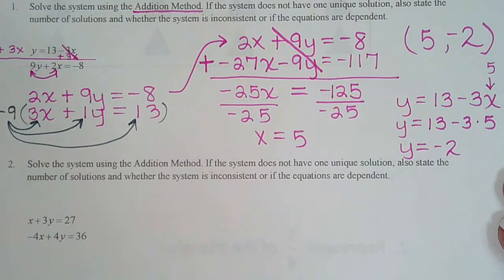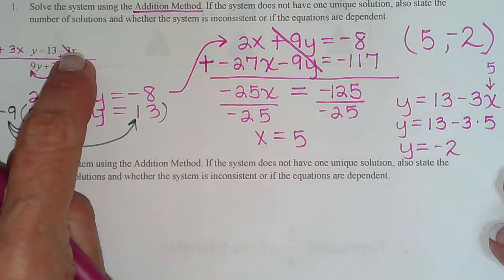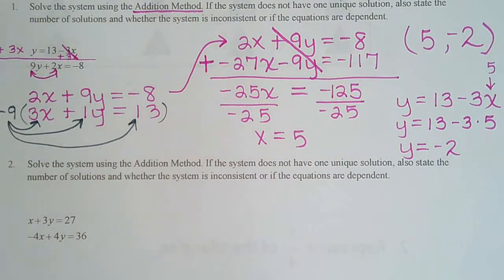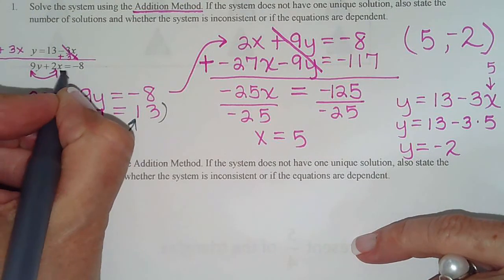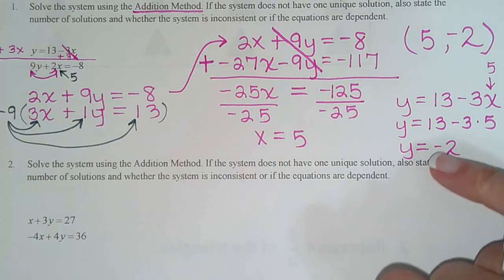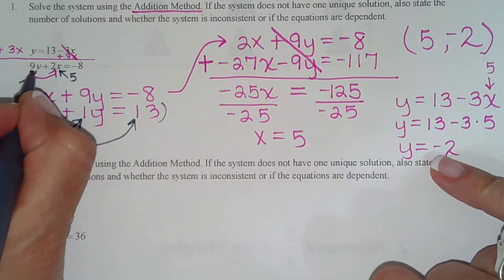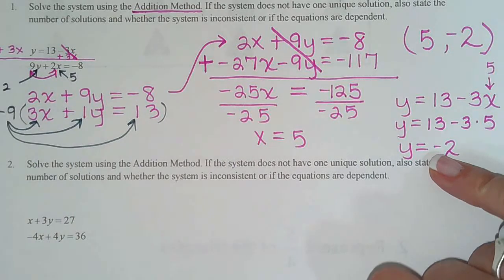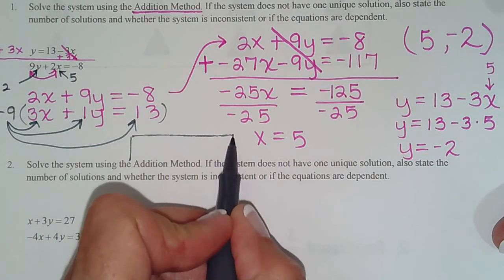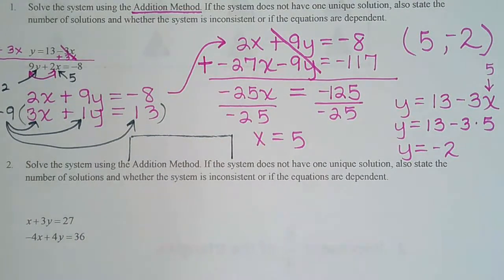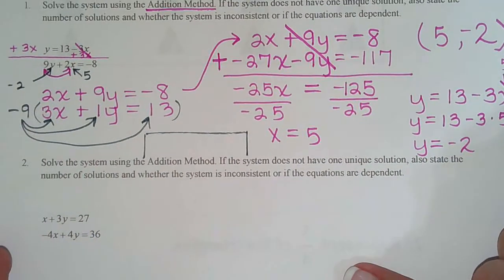So we know that point checks into this one. So let's just do a quick check into the other one just to verify that it's correct. So x is 5 and y is negative 2. For a quick check, I'm going to write down what I type in the calculator, and then I can do it all in the calculator.